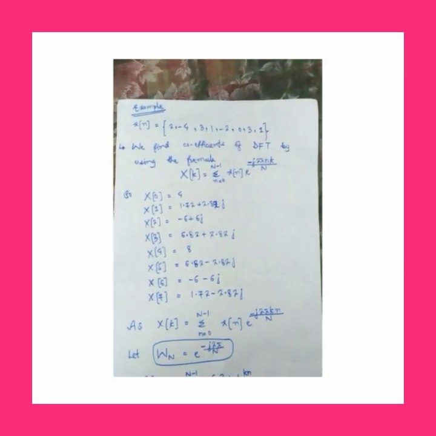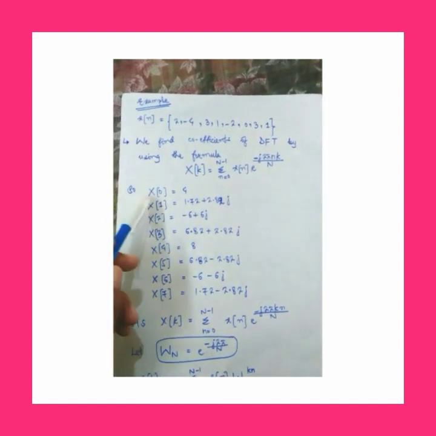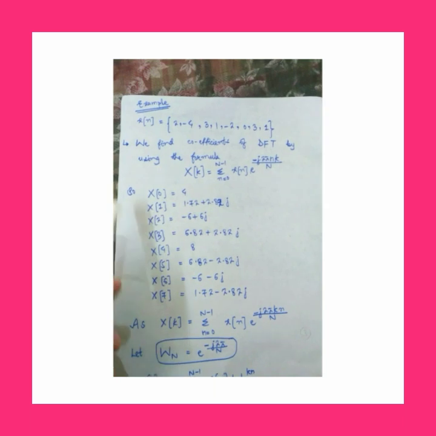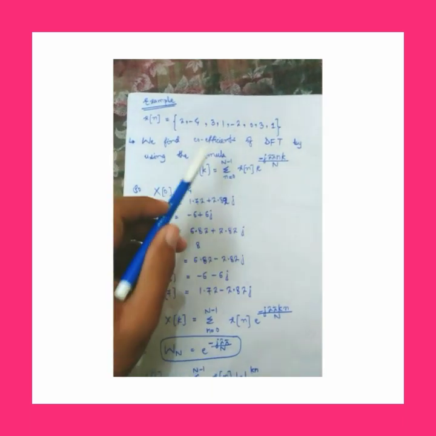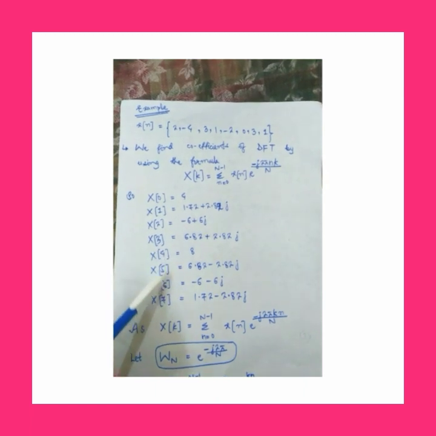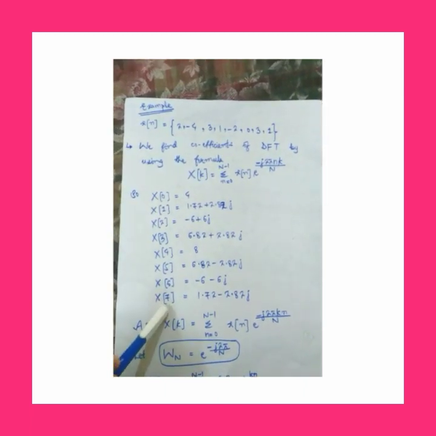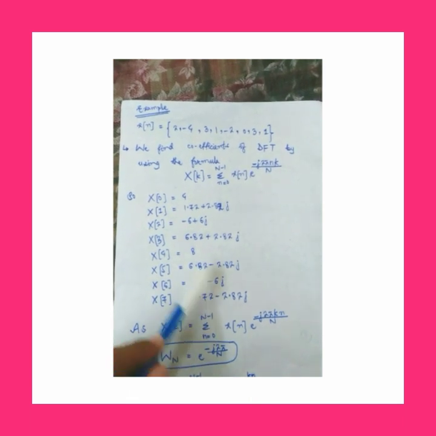So you may find it easier this time around, and we'll find the coefficients of DFT by putting the values in this formula. As you can see, we have found these values from X[0] continuing till X[7]. These are the values.